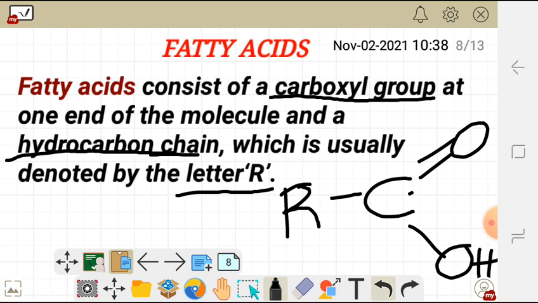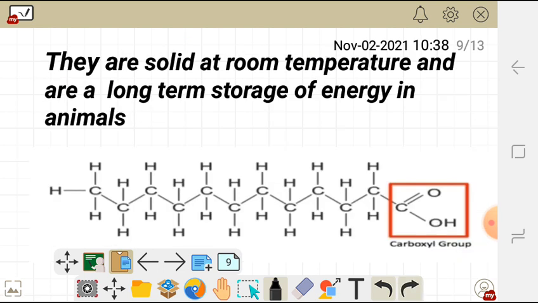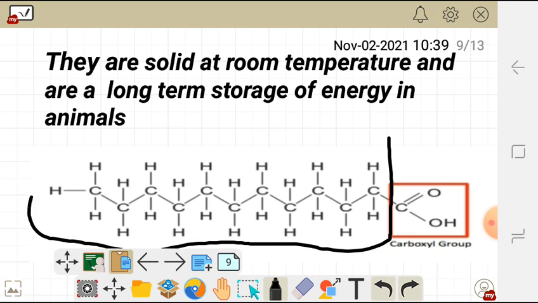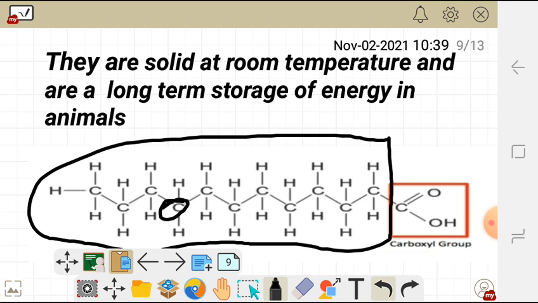Let's look at the diagram of a fatty acid. As we defined it, it has a long hydrocarbon chain. Remember, a hydrocarbon is simply a compound made up of only carbon and hydrogen.